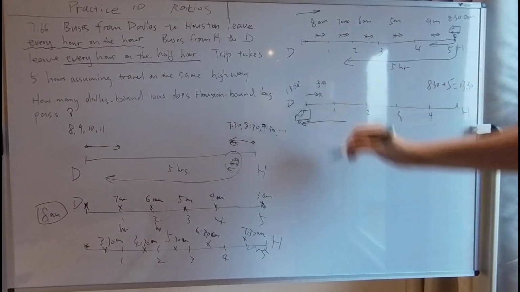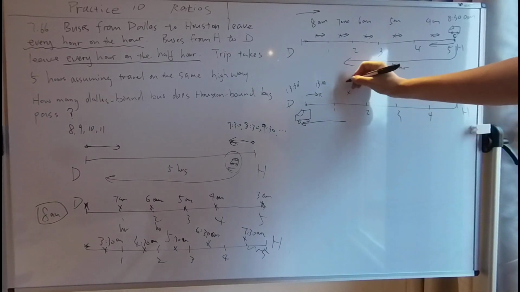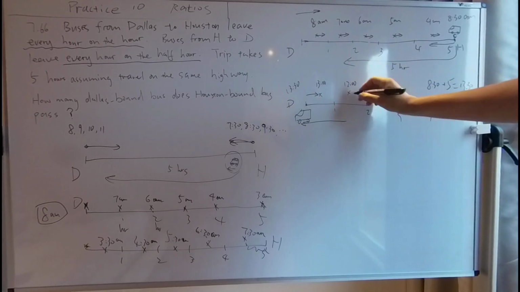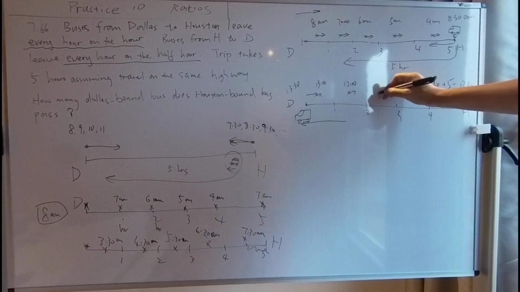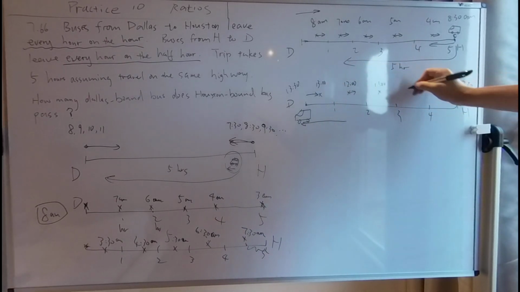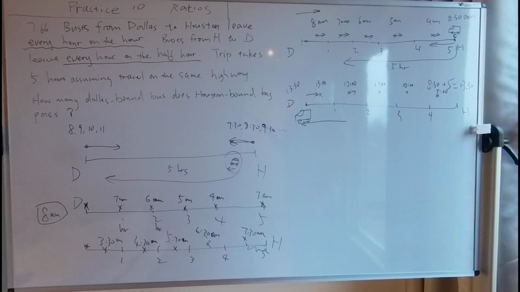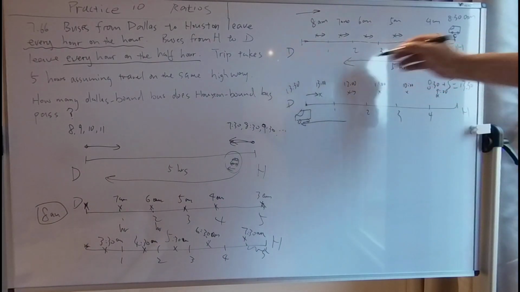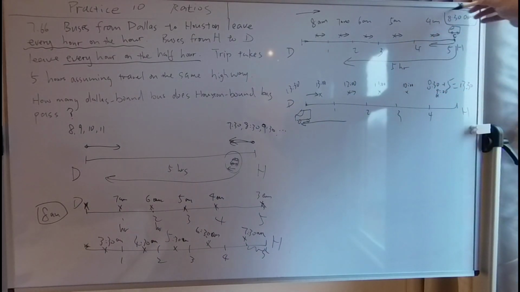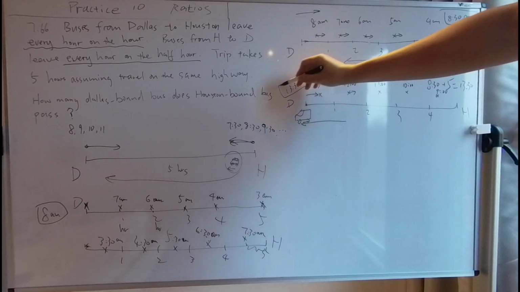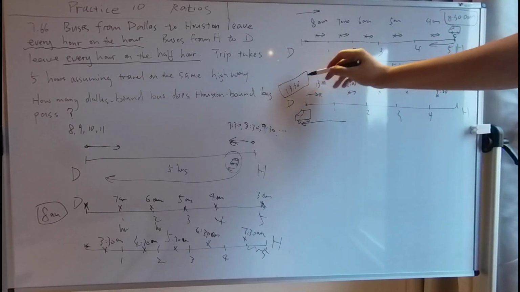So this is your 13 o'clock bus here. And then this is your 12 o'clock bus. You will also meet that on the way. And then this is the 11 o'clock bus, 10 o'clock bus, and 9 o'clock bus. Right? So I have 2 snapshots of the time, 8:30 and 13:30.